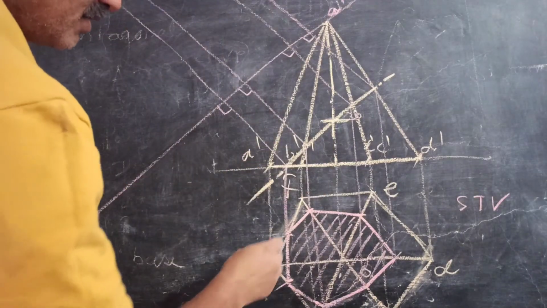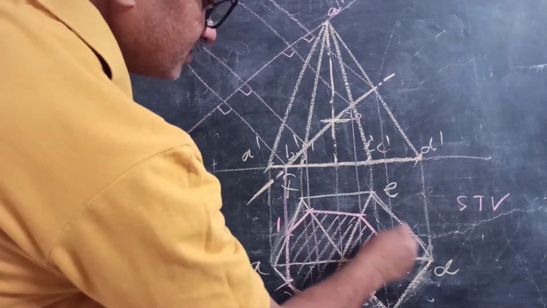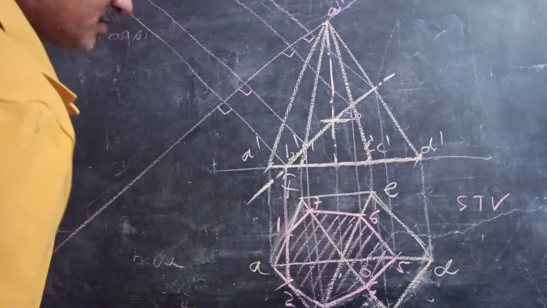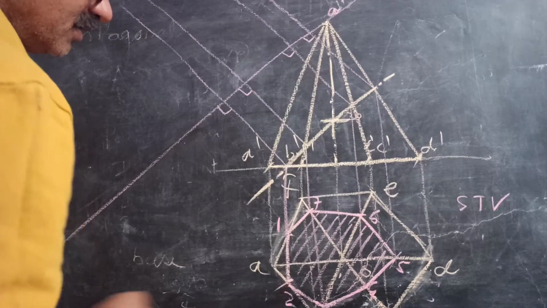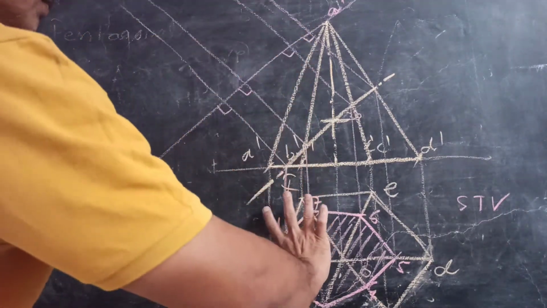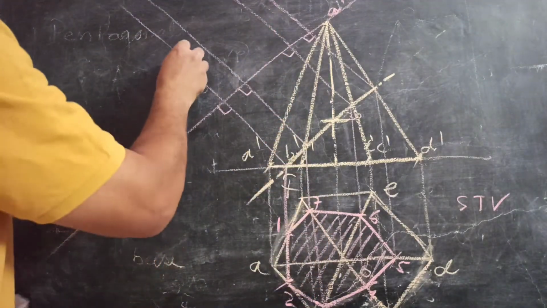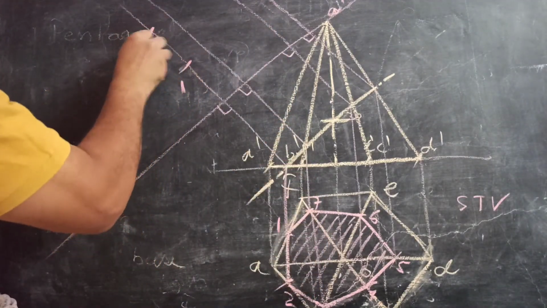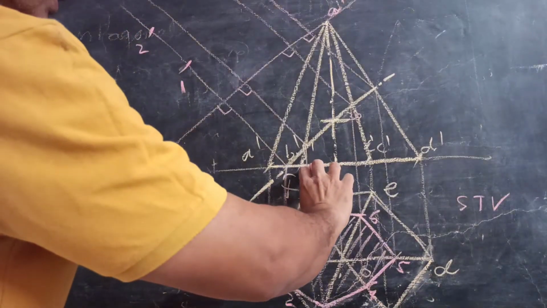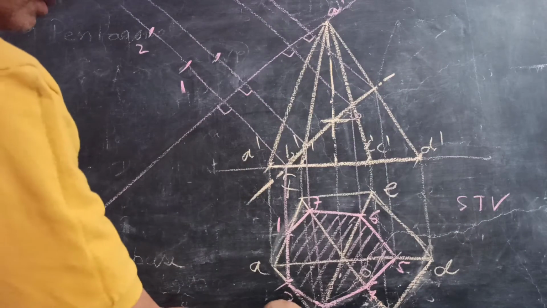Now here we have got 1, 2, 3, 4, 5, 6 and 7 points. On this projector there is 1 and 2. So 1 will be here, 2 will be here. Then on this projector it is 7 and 3.